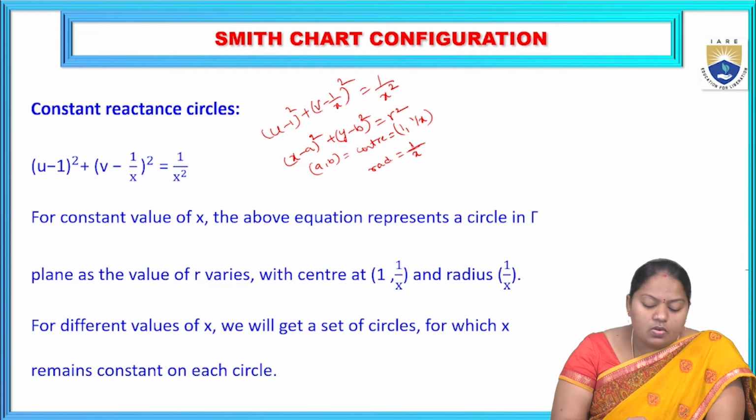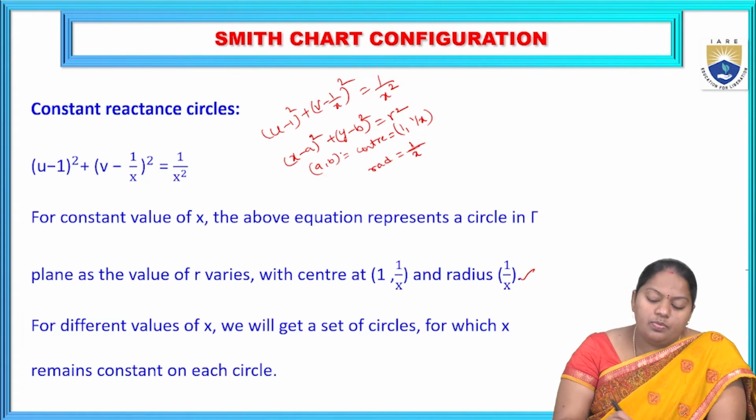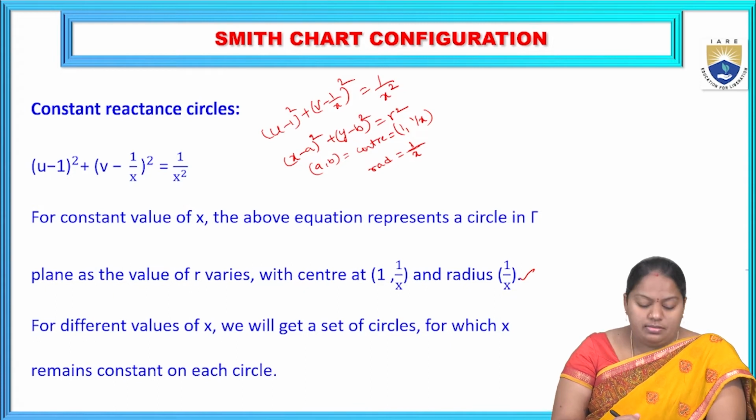For a constant value of x, the above equation represents a circle in the reflection coefficient plane as the value of r varies, with the center at (1, 1 by x) and the radius given by 1 by x. So in place of r square, we have 1 by x square, and then r is equal to 1 by x.